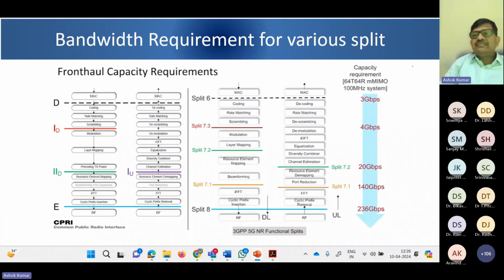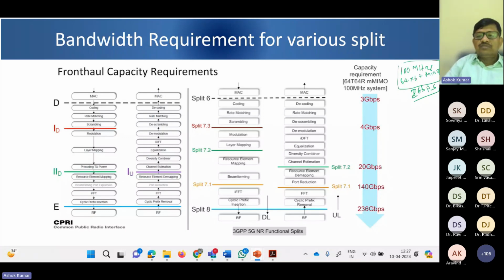Suppose in this example I have 100 megahertz spectrum and I'm using 64x64 MIMO. With this configuration in 5G, I can achieve a maximum throughput of about 3 Gbps. Slightly less would also be possible, maybe let's assume 2 Gbps. Between 2 to 3 Gbps will be the overall throughput of a base station.